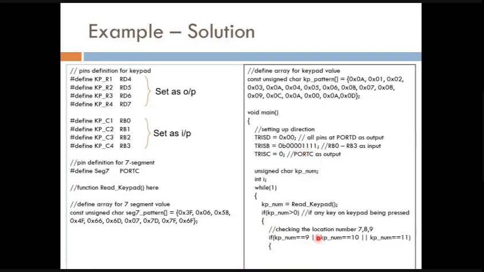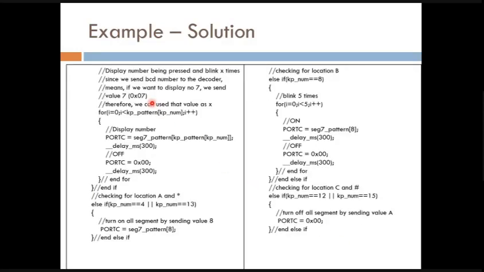And then or: if either one is true, the statement becomes true. Not and. The return number can be either 9, 10, or 7. So if location 7, 8, 9 is pressed, the statement becomes true.